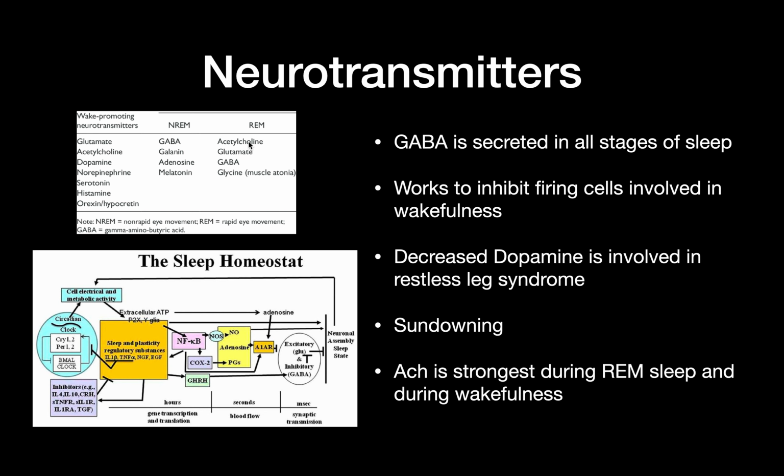And REM is going to be characterized by acetylcholine, glutamate, GABA, and glycine. The glycine is there for the muscle atonia, for the muscles to completely relax, because glycine is an inhibitory neurotransmitter. GABA is actually secreted in all stages of sleep because it works to inhibit the firing of cells involved in wakefulness.